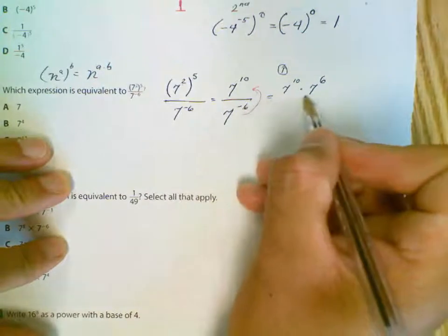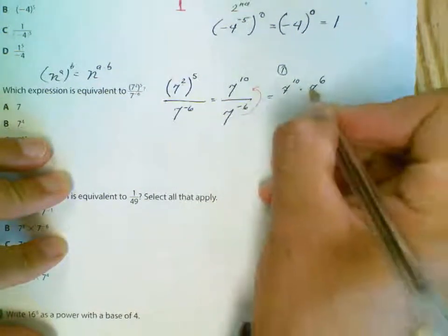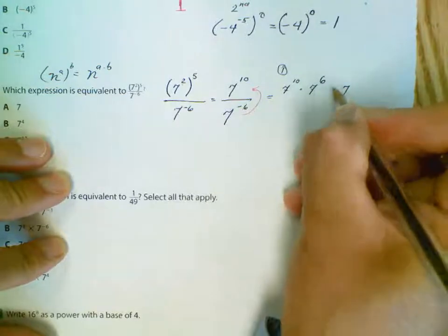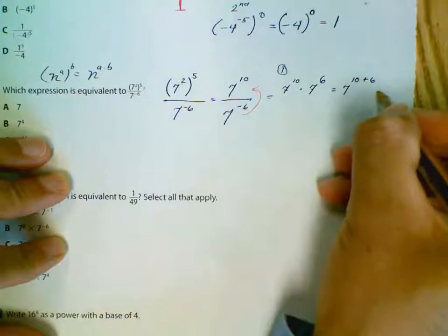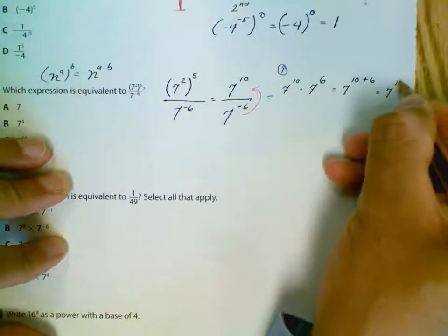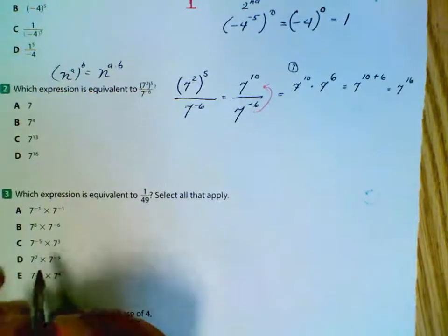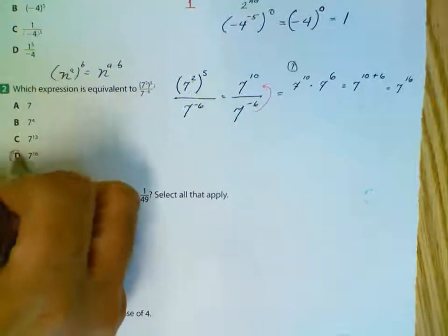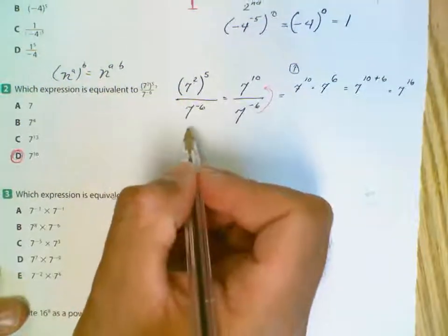So I have 2 similar bases, 7. So I have 7 to the 10 plus 6, equals to 7 to the 16th power. So which one is the right answer? Is D.